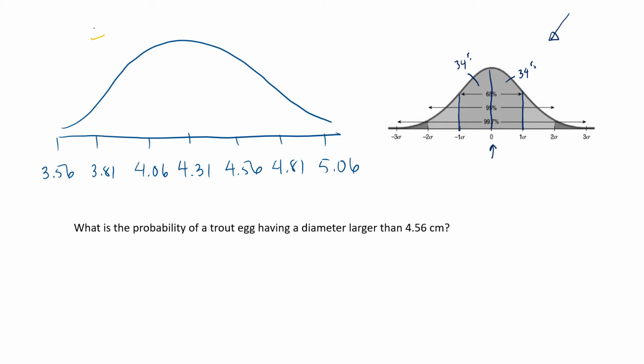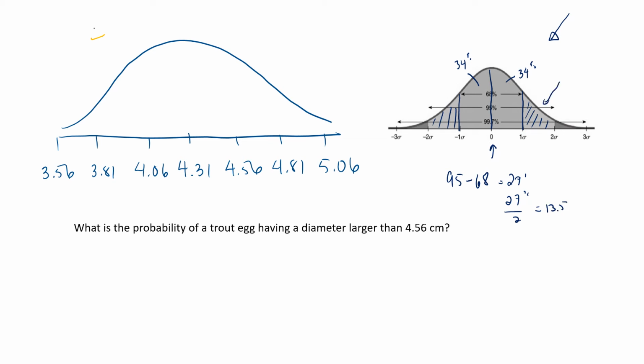And if I want to calculate what this little bit is here, so it's 95 minus 68, which is 27%. And because I'm splitting that into two, I get 13.5%.